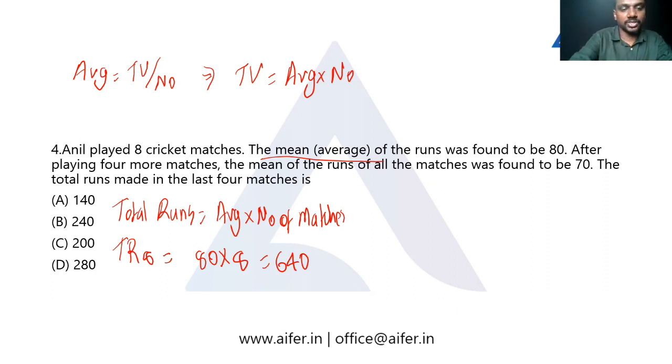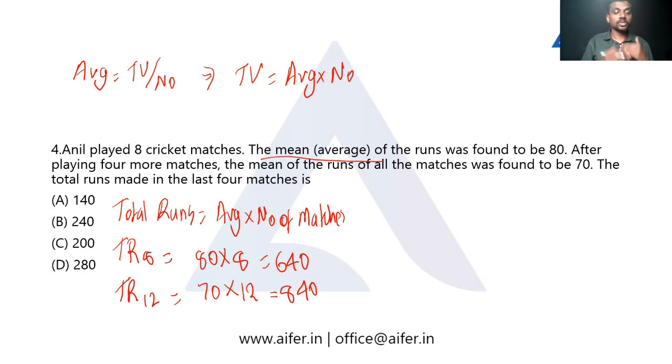Then after 4 more matches, that is total runs after 12 matches, we have 70 into 12, which is 840.